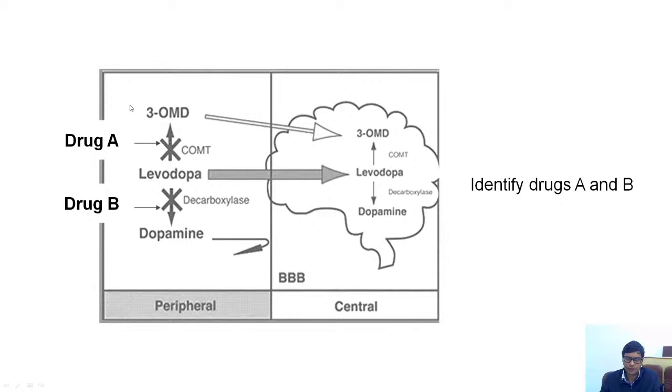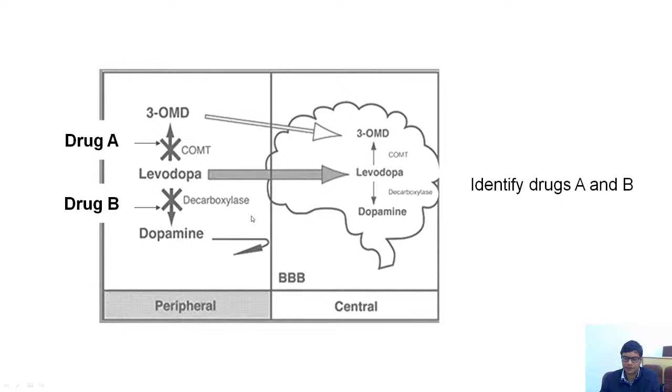So what is drug A? It's the COMT inhibitors like tolcapone, entacapone, which are, again, obviously this is not being asked, but it can be asked as an add-on question, like what will be the indication for these drugs. So here we are talking about drugs used in Parkinsonism. Okay, so COMT inhibitors, just write down the names of COMT inhibitors, entacapone, tolcapone, that is sufficient.